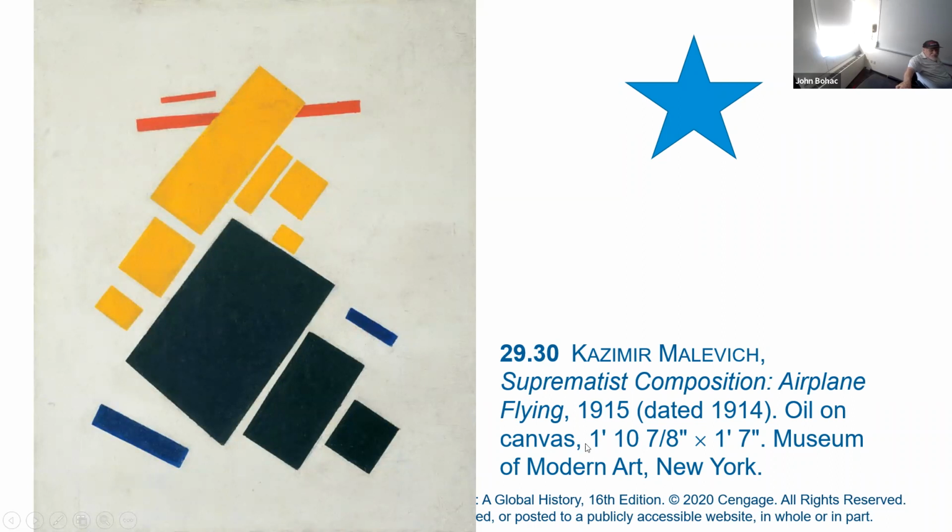And what you have to know here is that airplanes flying back in 1915 was a whole different thing than airplanes flying today, because almost all the planes were small and they were bi-wing. That means they had two wings and they were slow. But to the observer in 1915, this was that brave new world that they were so excited about.